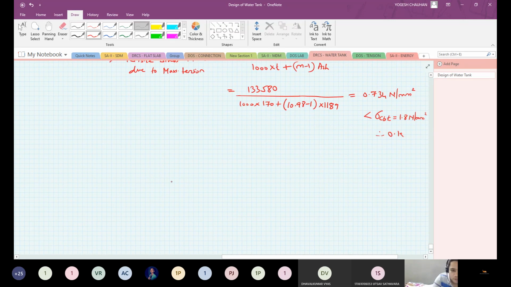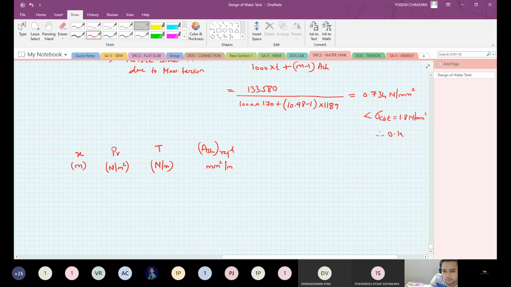And at the end, you can also make a table summarizing the design, that is, at x in meter, radial pressure in Newton per meter square, then the tensile force in Newton per meter height of the wall. Then you can find ASH required in mm square per meter height of the wall.